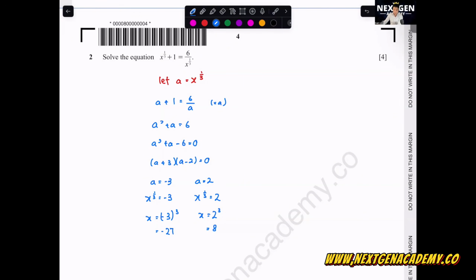In fact, for all even powers, x to the power 1 over n, if n is even, then you have to reject negative solutions. We can calculate to get the answer. If the solution is negative, you have to reject it, because anything with power 2, power 4, power 6 cannot give a negative value.